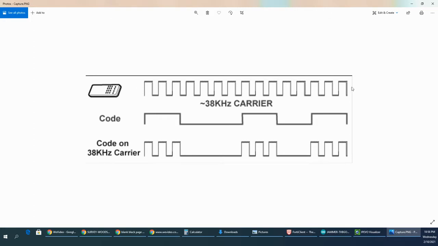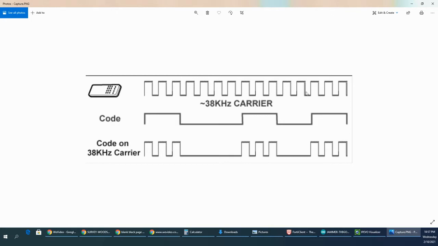So looking at this and what it represents, think of it this way. It represents the infrared LED turning on and off, and on and off, doing that 38,000 times every 1 second. So think of it as this is the time the LED's on and then off, and on and off, and on and off.